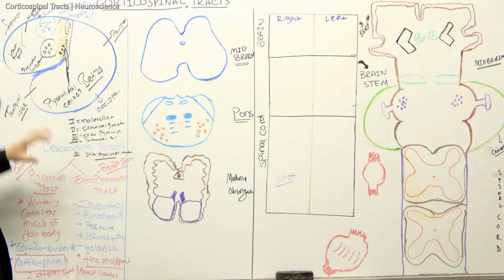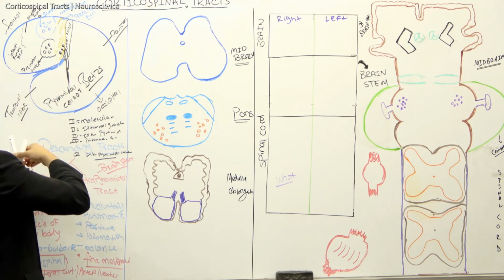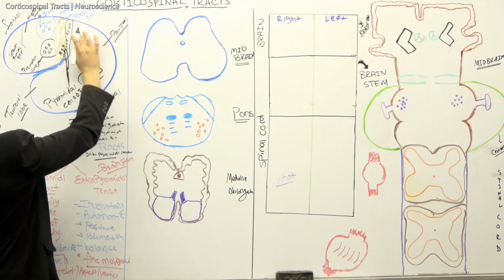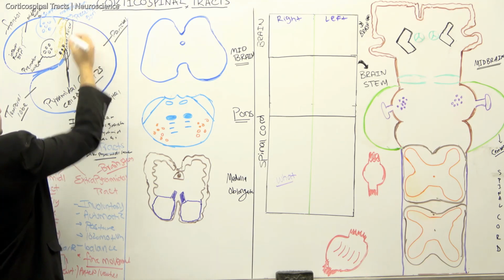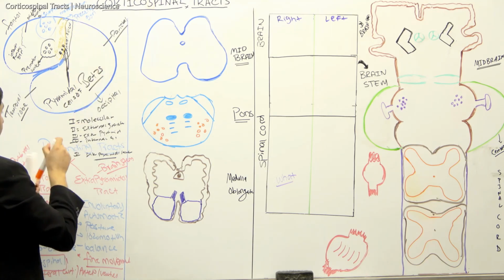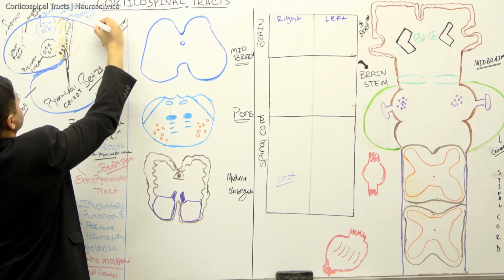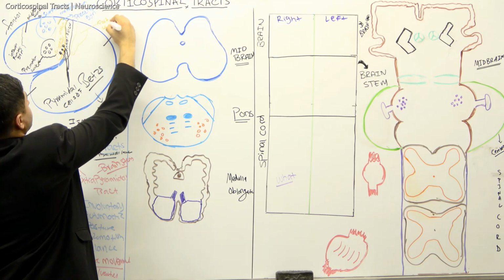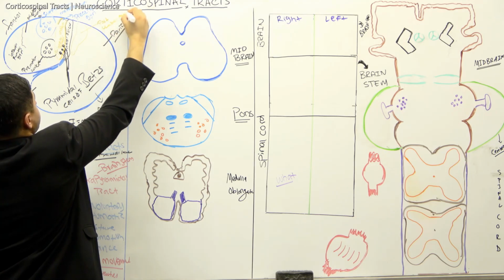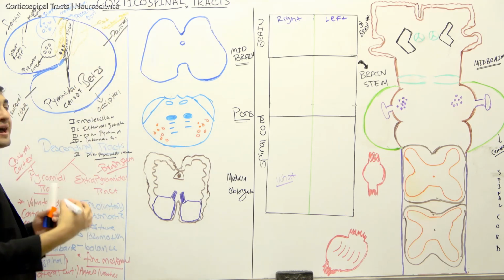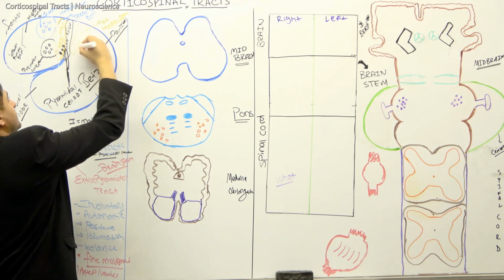Now, after this, we also have to talk about the parietal lobe, right? Here is one more area you get to see, which is called the postcentral gyrus. And this contains somatosensory motor information, right?